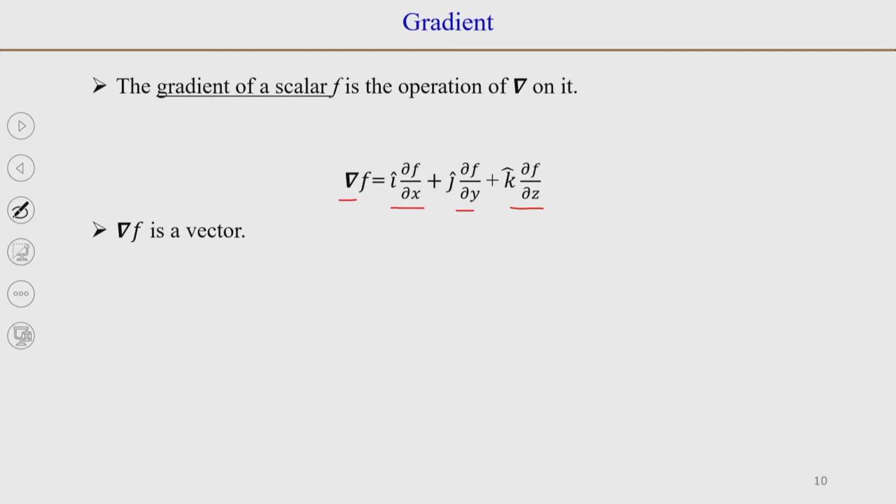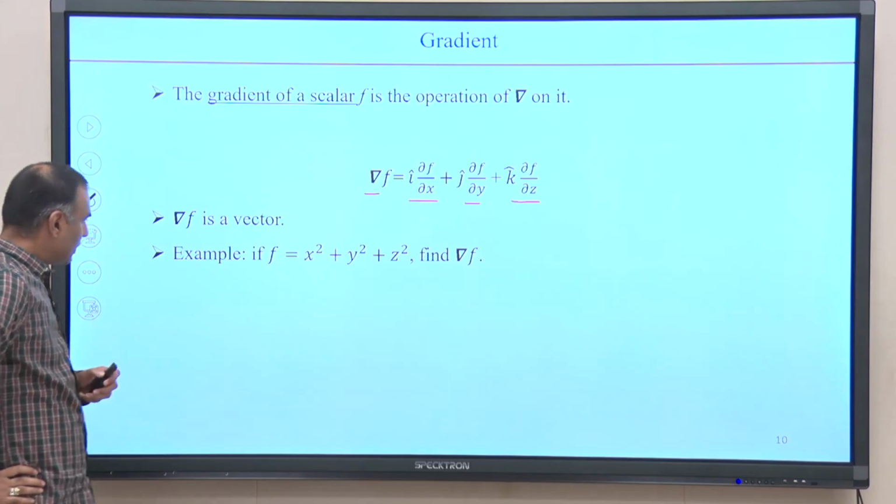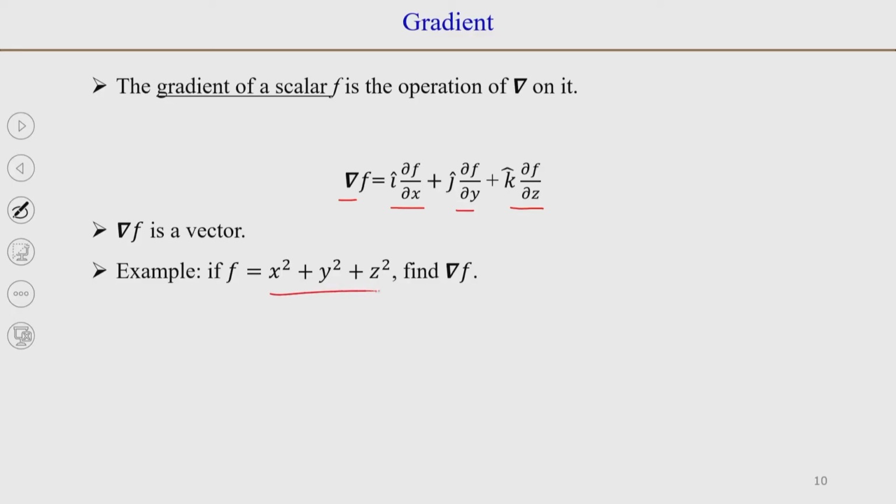So, let us look at a simple example. Say we have a scalar function f equal to x square plus y square plus z square, and we need to find its gradient. So, del f by del x. Del by del x is the partial derivative of f with respect to x, so we need to treat y square and z square as constant.